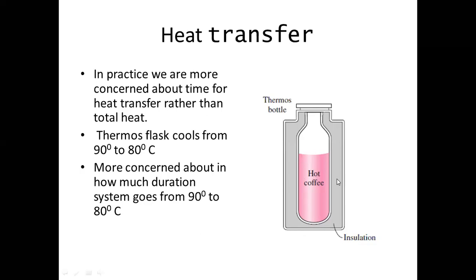If the insulation is perfect, then more time will be required. If insulation is not perfect, then less time is required. In the case of a thermos flask, we require more time. Ideally it should stay at 90, but practically it is not possible. Hence, more time should be there.